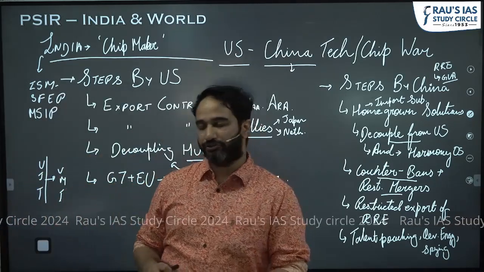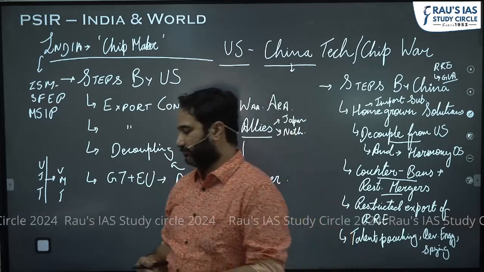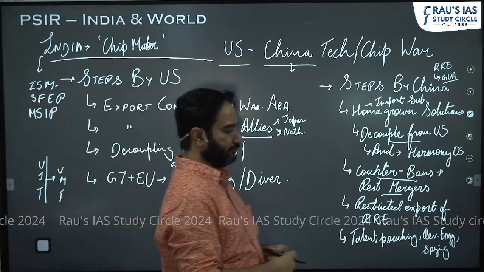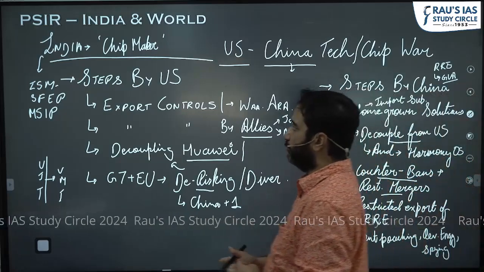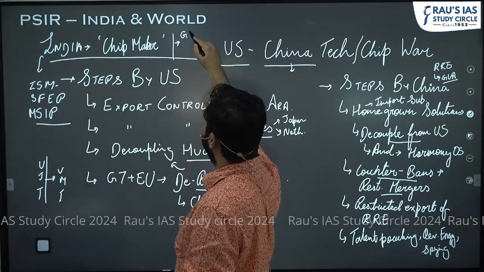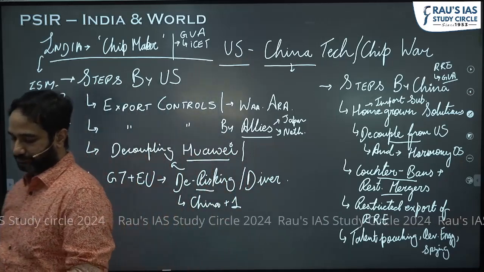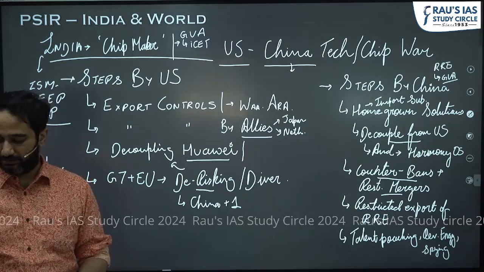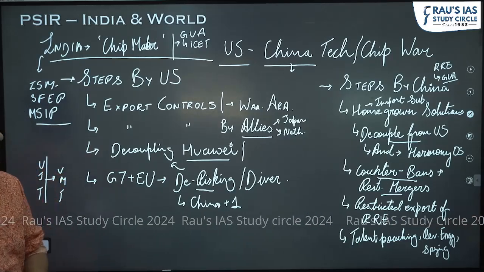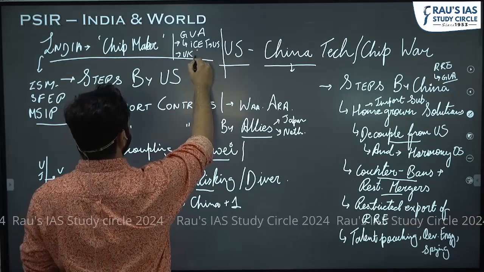India has also signed agreements to become a partner in the global value chain, with the US under ICET, and with UK, EU, and Japan.